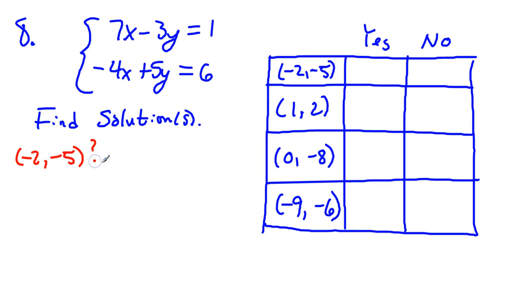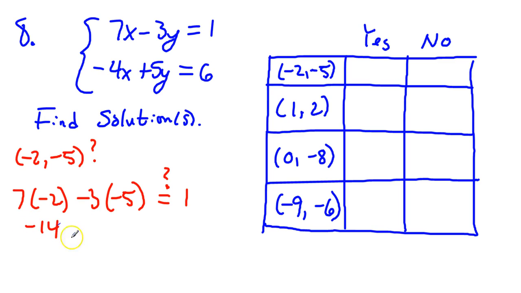Okay, so we're going to check -2, -5 and see if it works. If we plug it in the first equation, it's 7 times -2 minus 3 times -5. Does that equal 1? It's -14 plus 15, equals 1. So that part's good.